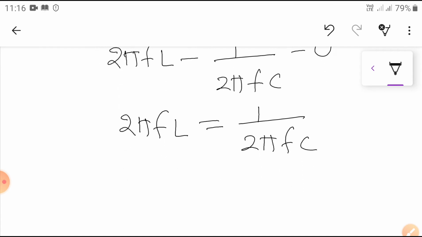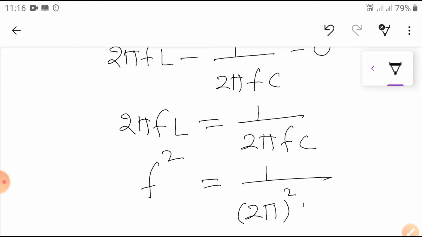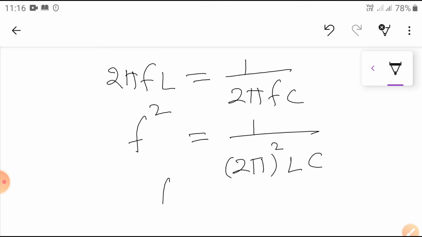Now, I want the frequency F. F into F gives F squared, which equals 1 by (2 pi) whole squared LC.